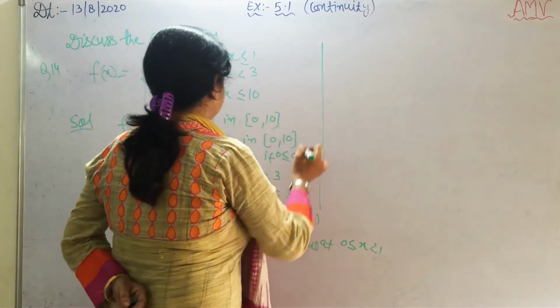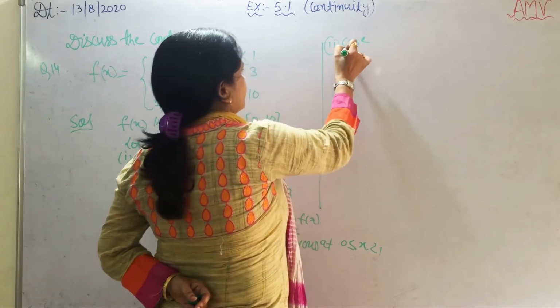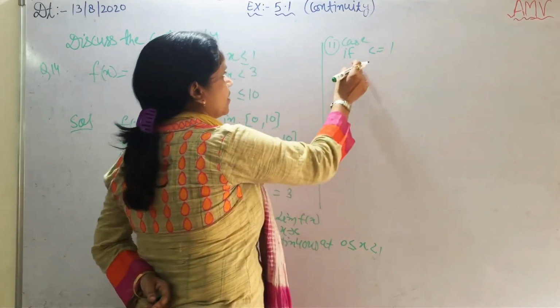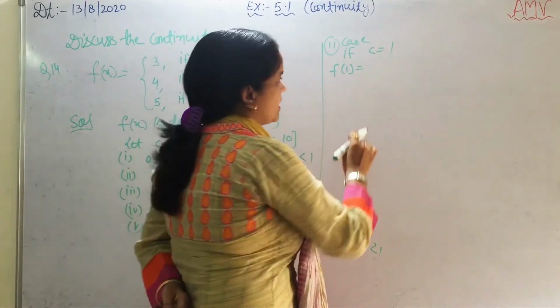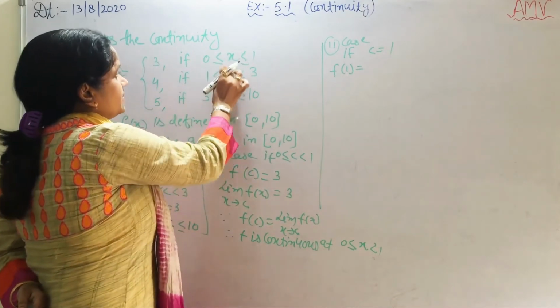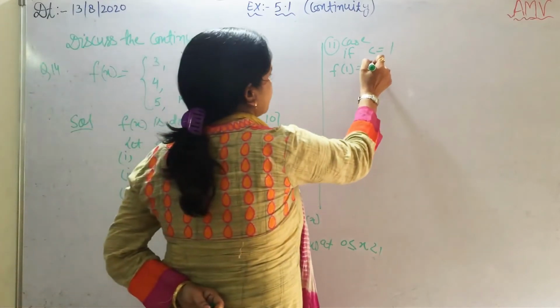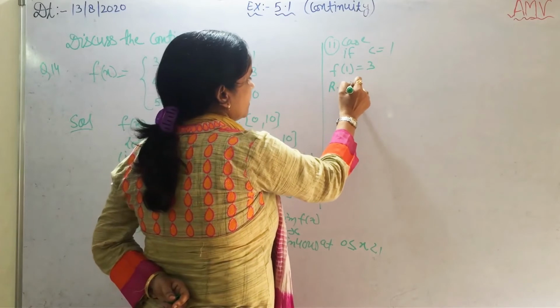Next case, second case. If C is equal to 1. Now, first of all, the value of the function, it means f(1). Now see from here, when x is equal to 1, it is 3. And now find the right hand limit.